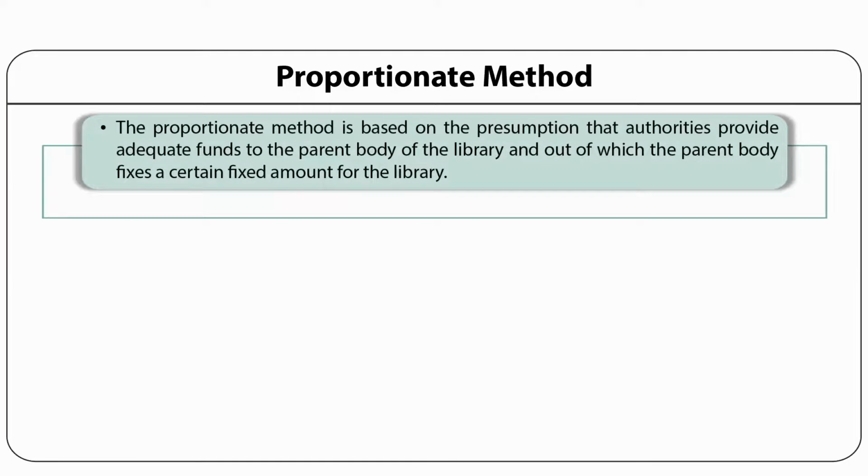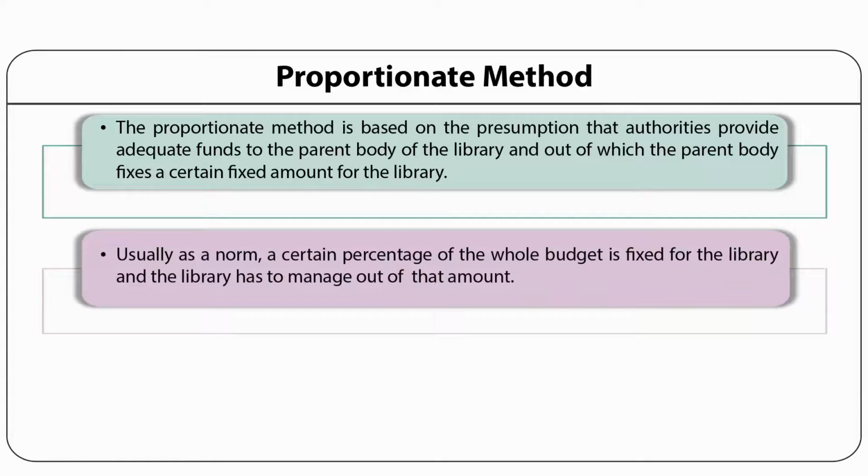Proportionate method. The proportionate method is based on the presumption that authorities provide adequate funds to the parent body of the library, and out of which the parent body fixes a certain fixed amount for the library. Usually, as a norm, a certain percentage of the whole budget is fixed for the library, and the library has to manage out of that amount.